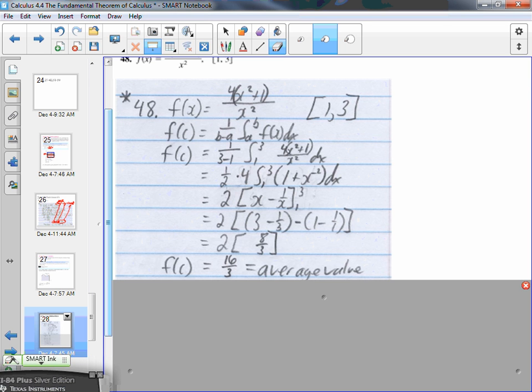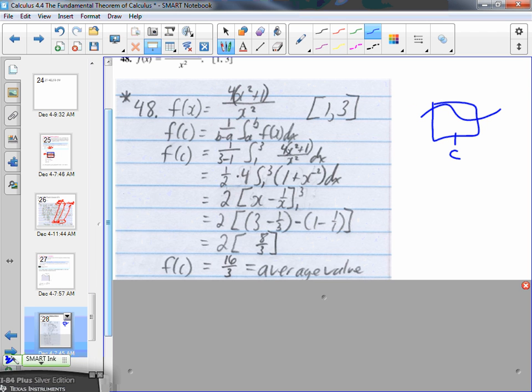That's the y value. You got that. Well, that's obviously too big, but whatever c is, that y value is 16/3. Okay?